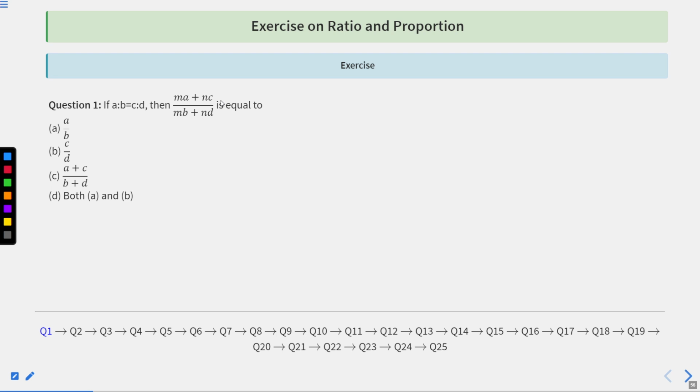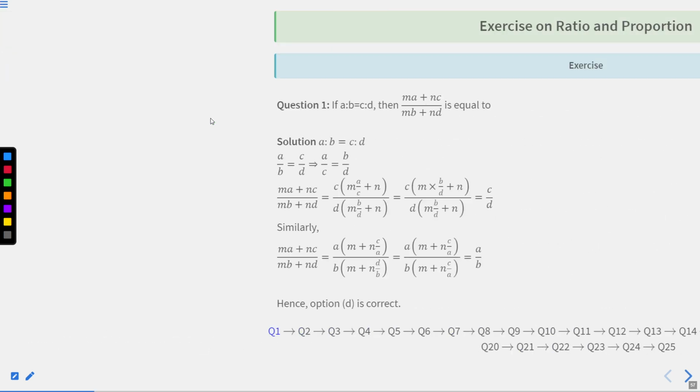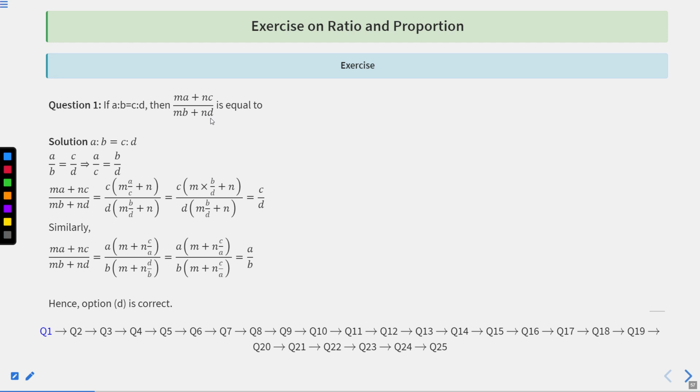If A is to B equal to C is to D, then (MA plus NC) upon (MB plus ND) is equal to. So we have to find the value of this thing. Let us now have a look over the solution.